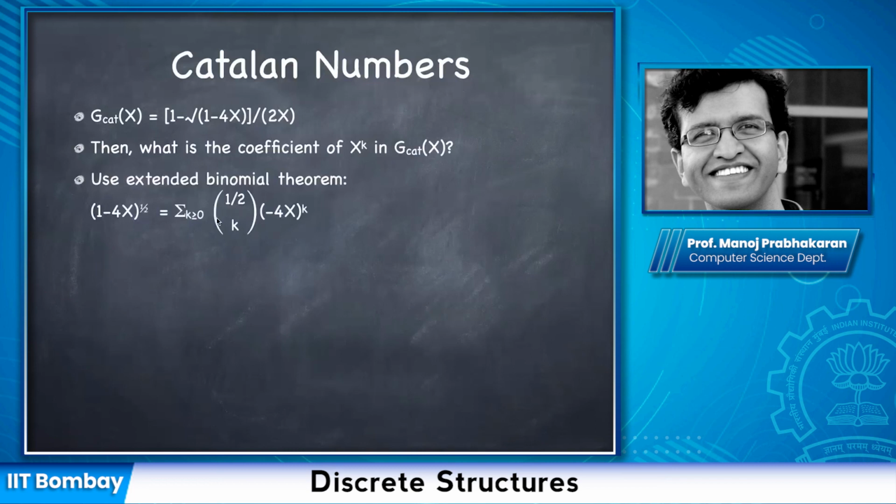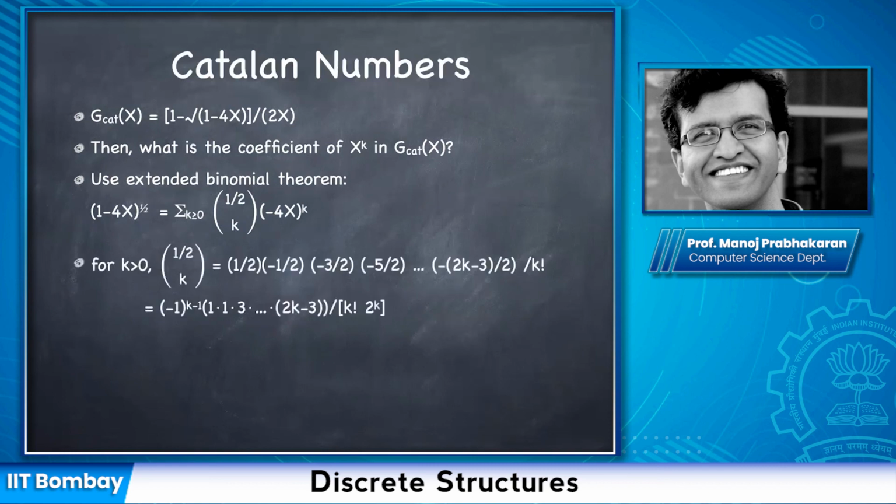It's exactly minus 4x to the power k times half choose k, summed over all k greater than or equal to 0. For k equal to 0, this half choose k is just 1, so this term will be 1. But for k greater than or equal to 1, let's expand this and see what it looks like. For k greater than 0, half choose k, remember in the extended binomial theorem, means half times half minus 1, and so on for k terms, divided by k factorial.